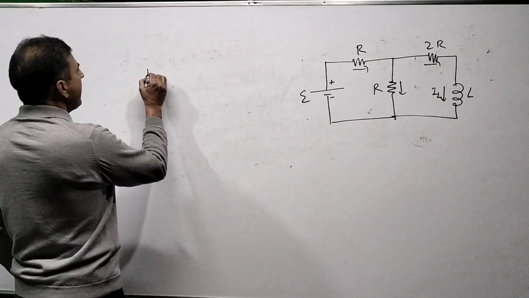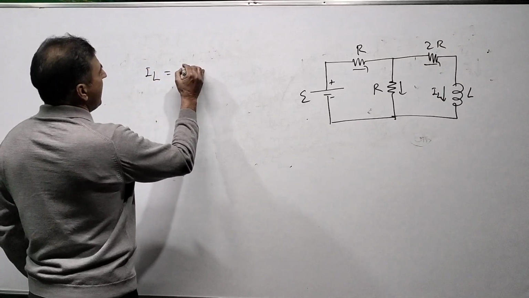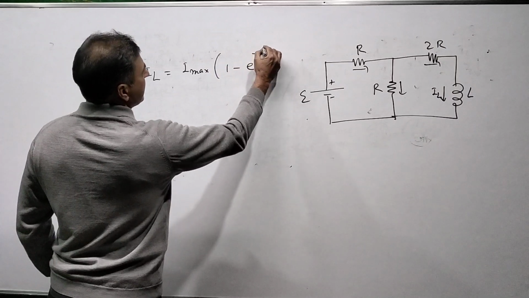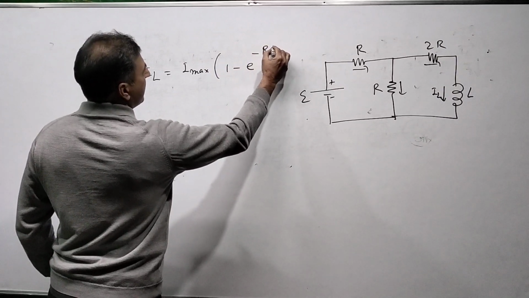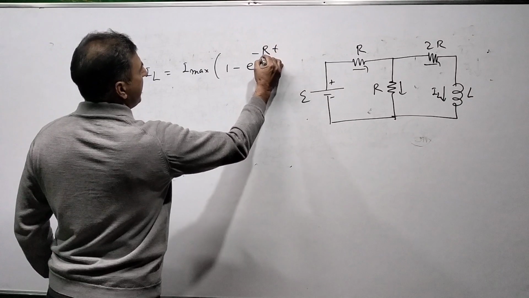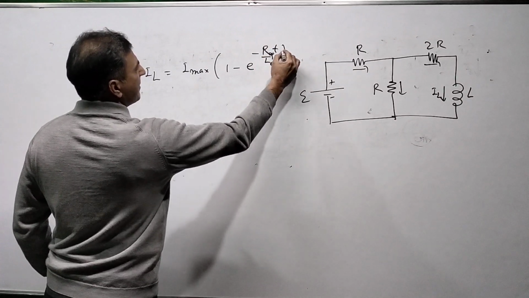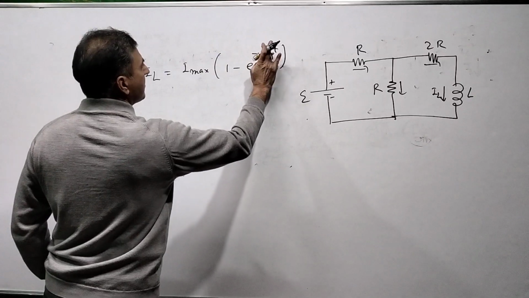So that was I_L equal to I max into 1 minus e raised to power minus R T by L. But it is R equivalent, it is L equivalent, right?